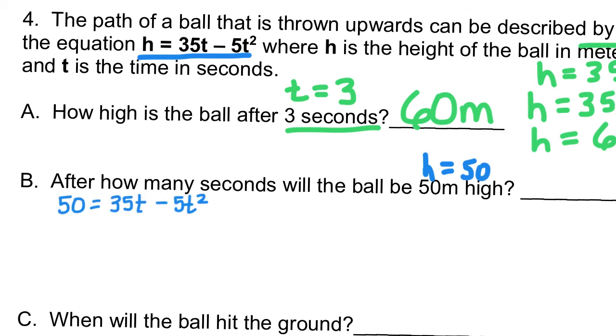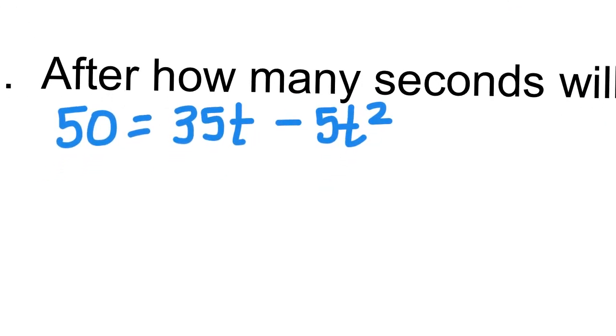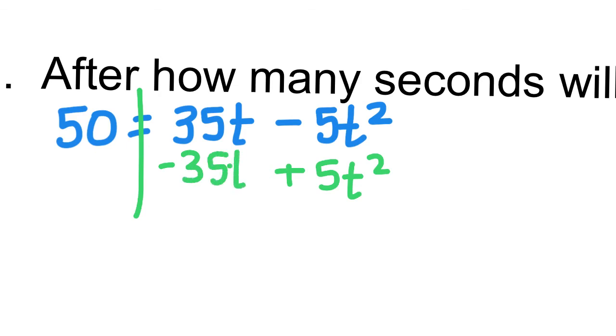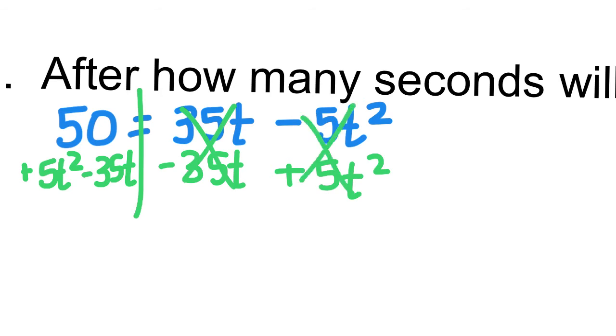Then we can either factor or set this up so that we can use the quadratic equation. In any case, let's put this into standard form so that this side will equal 0, which is what we want.